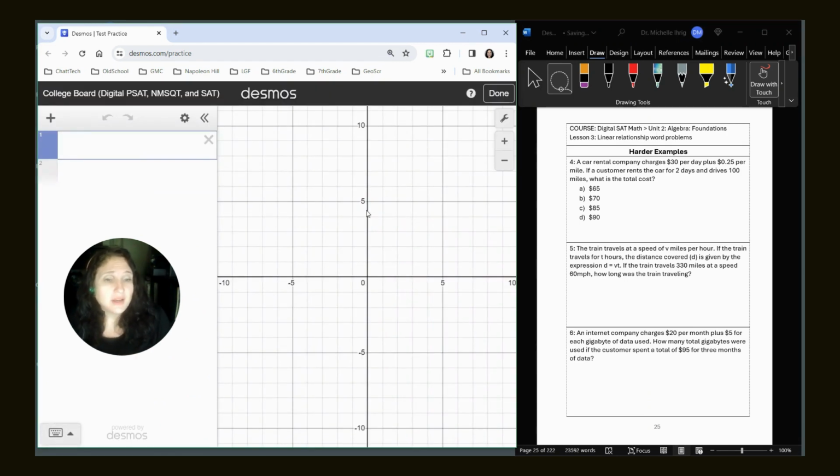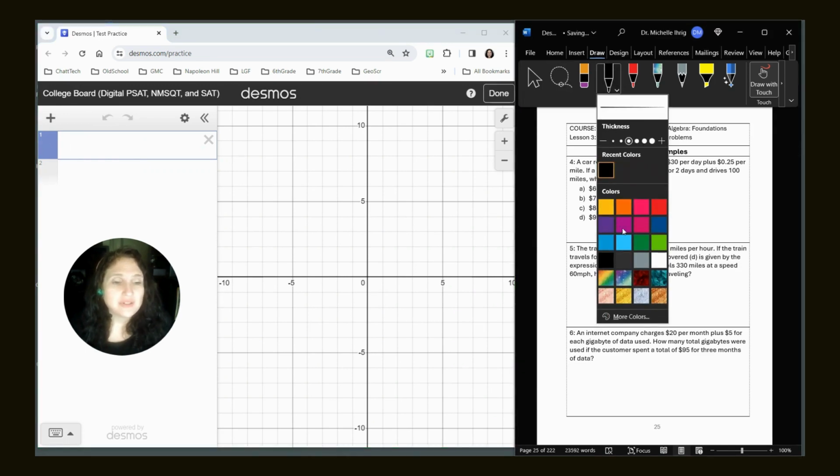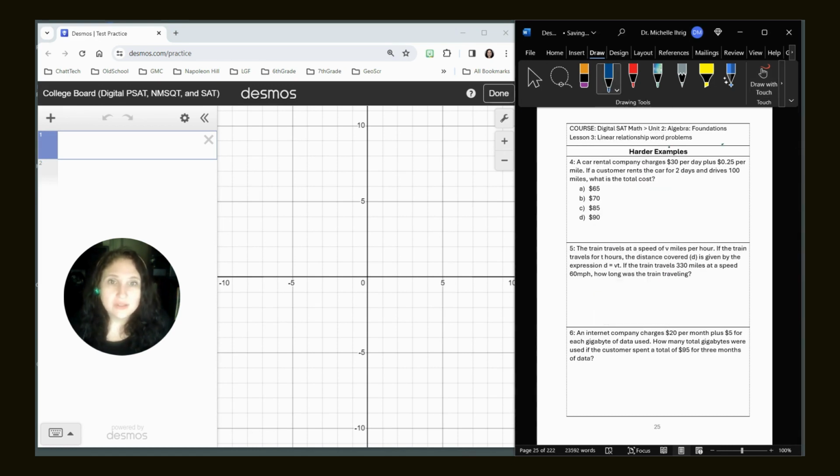A car rental company charges $30 per day plus 25 cents per mile. If a customer rents a car for 2 days and drives 100 miles, what is the cost? So we've got $30 per day, and I'm just going to leave a blank.